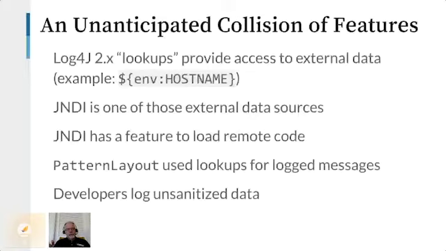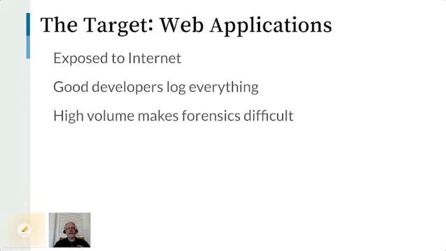But the real problem of sanitization and logging unsanitized data kind of leads me to the target, which is web applications, public-facing web applications. If you're just writing some back-end code that takes data that you're very certain you know what it is, does something and logs what it's doing with that data, again, you weren't vulnerable.